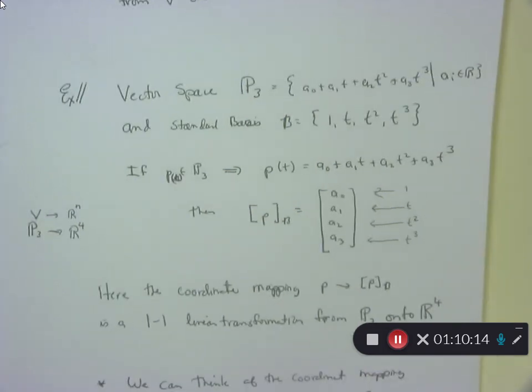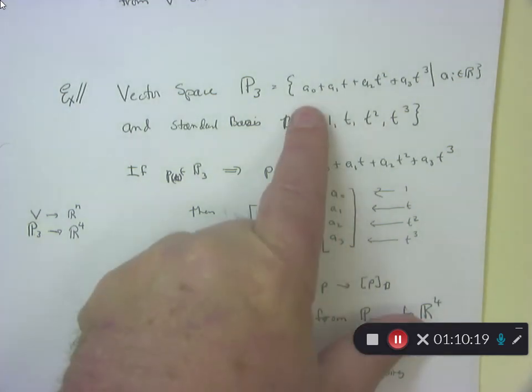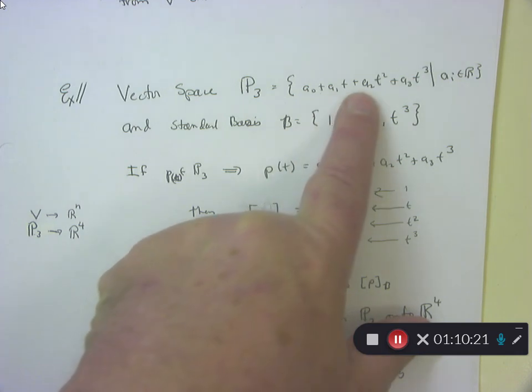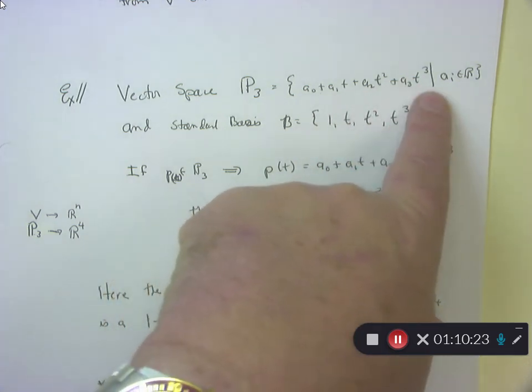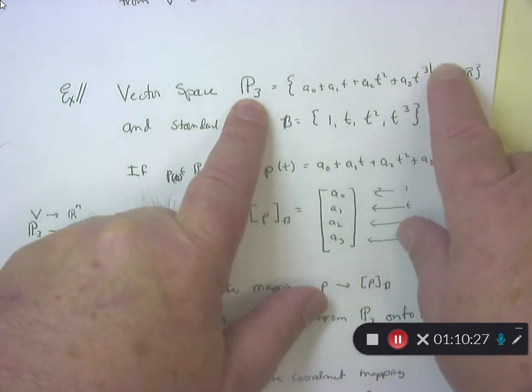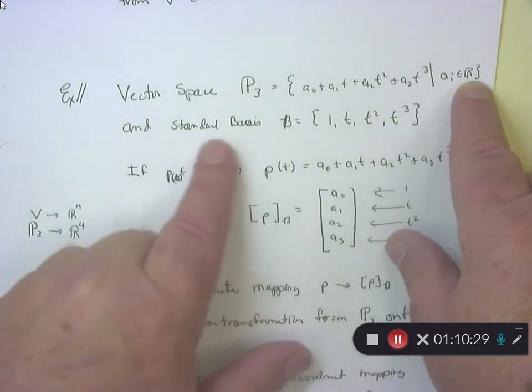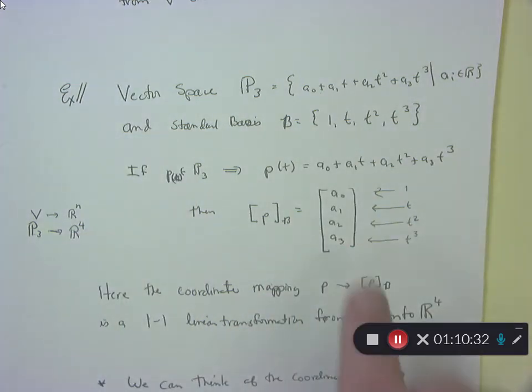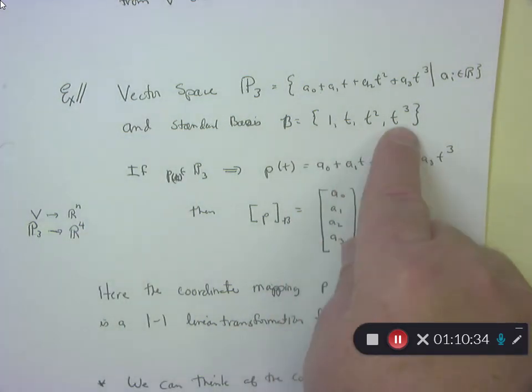Here we go. Vector space P3 is the polynomials a0 plus a1 t plus a2 t squared plus a3 t cubed, and we stop at a3. So degree 3 is what we get. The ai are coming from the real numbers. And we're going to use the standard basis 1, t, t squared, t cubed. This is polynomials, okay?